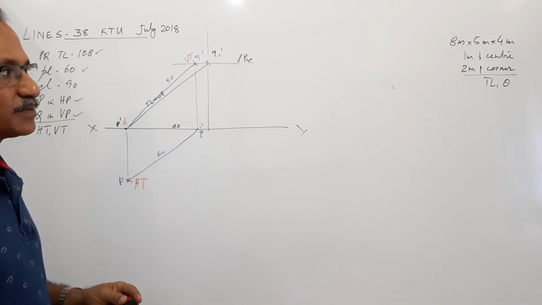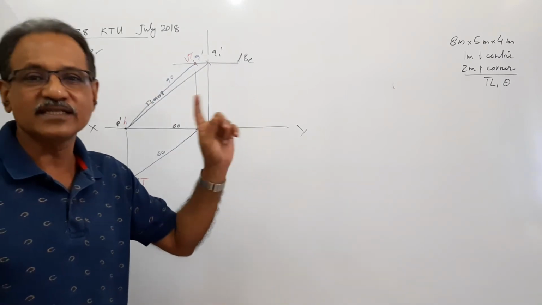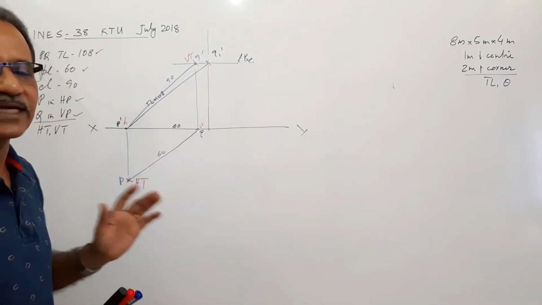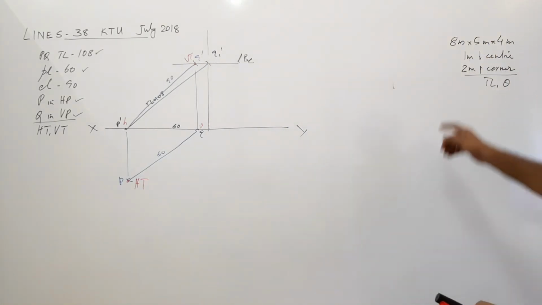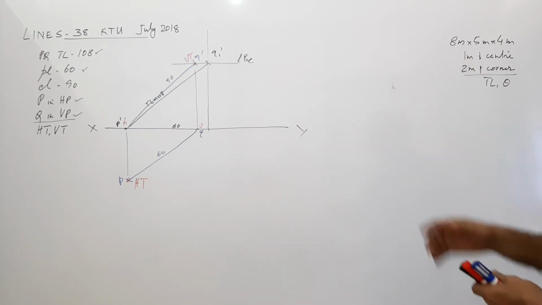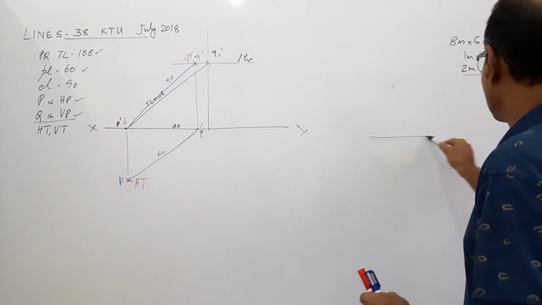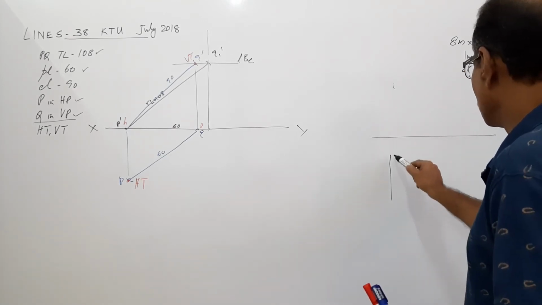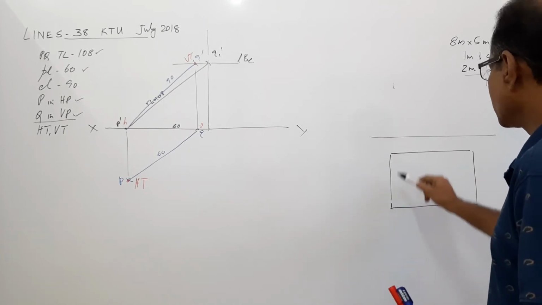I hope you understand. Now, there was one more question in the same question paper. The question is, there is a room 8 meter by 5 meter and 4 meter tall. Let us draw the plan and elevation of the room. This is the plan of the room.